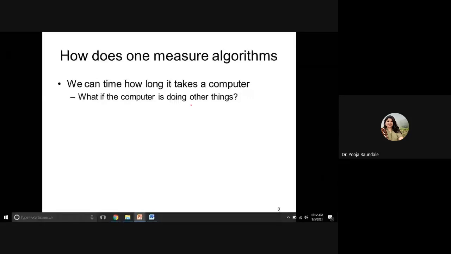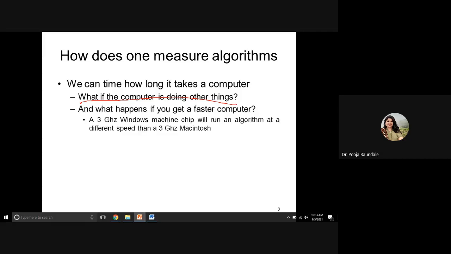If you have given multiple tasks to a computer and then you are measuring its performance, it may not be right, because your processor would be busy executing other processes, and that's why you may not find out the exact time taken. And what happens if you get a faster computer?